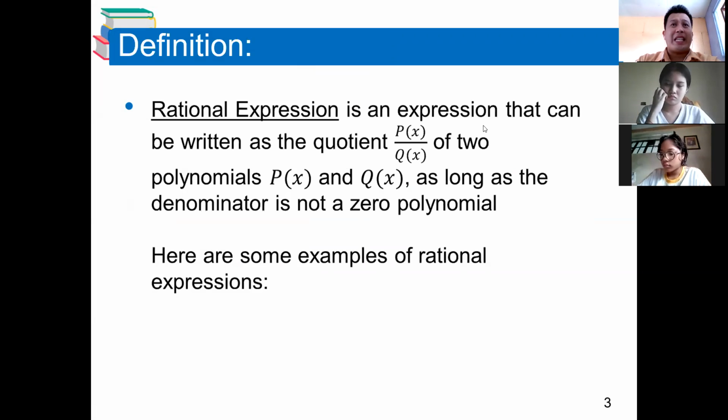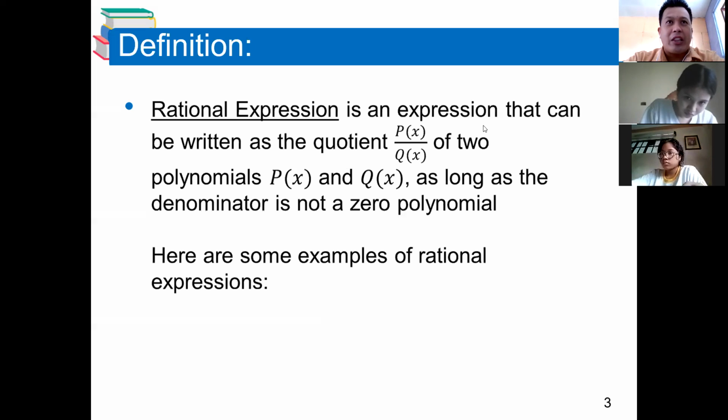A rational expression is a fraction wherein the numerator and the denominator are both polynomials. The polynomials are expressed as function p of x for the numerator and function q of x as our denominator.